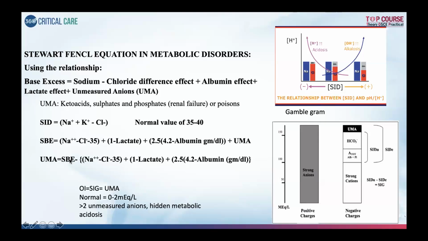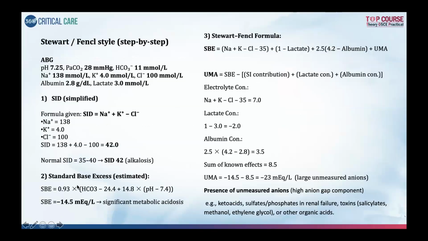That will give you the unmeasured anions. Unmeasured anions usually less than 2 is normal. If it is more than 2, there is some hidden metabolic acidosis, and you'll have to search for whether it's a toxin or any other organic acid. So this is a simple stepwise approach.